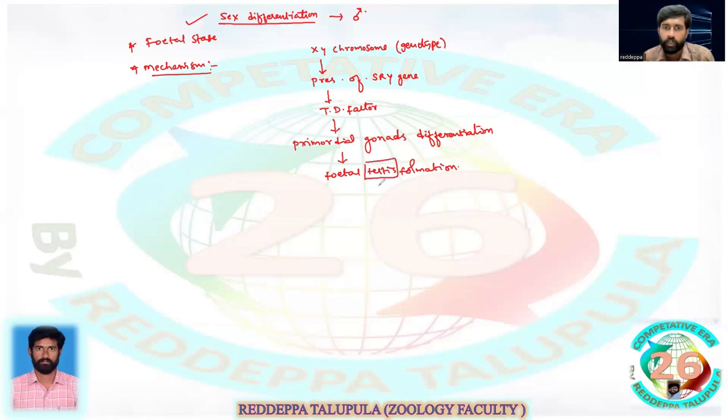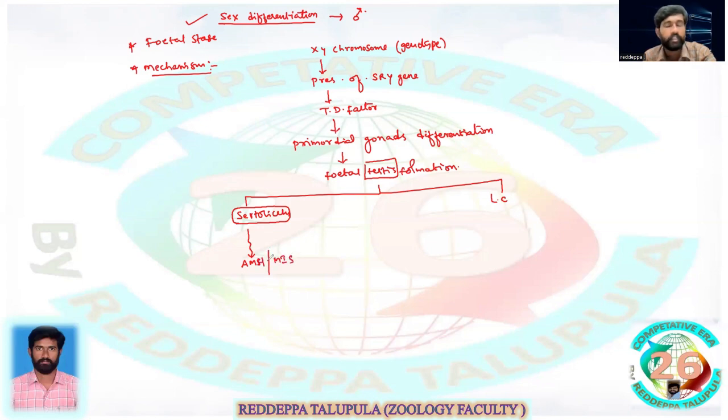Now, in the testis, there will be two types of cells: Sertoli cells and Leydig cells. If we talk about the Sertoli cells, without any gonadotrophin, they are activated and produce anti-Mullerian substance or hormone, or Mullerian inhibiting substance, which causes the regression of the Mullerian duct.